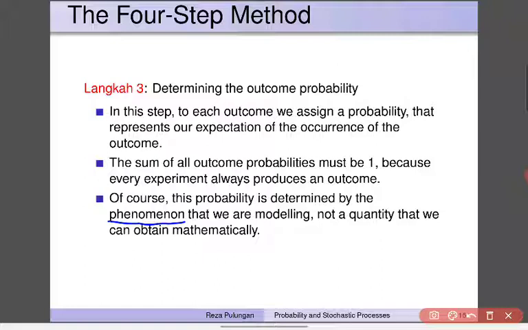We fix it. Of course, we don't fix it arbitrarily. We have to match it with something that we observe in real life, and this usually involves our assumption. Now the sum of all these outcome probabilities must be equal to 1, because every experiment that we conduct always produces an outcome.